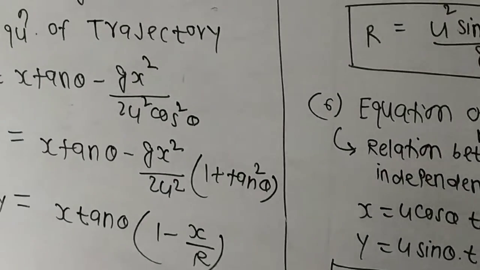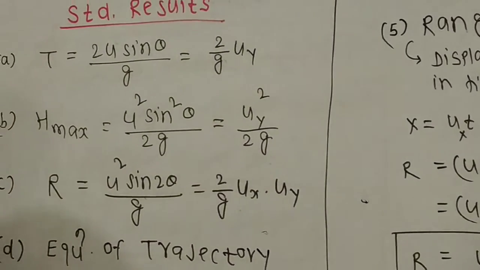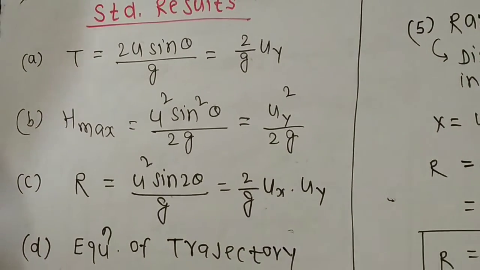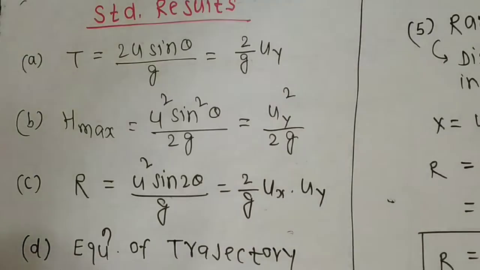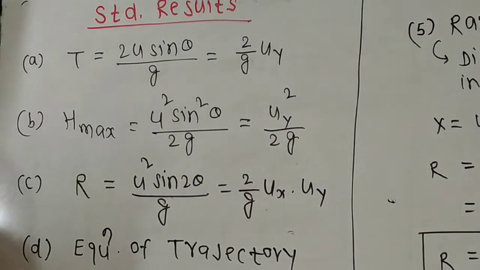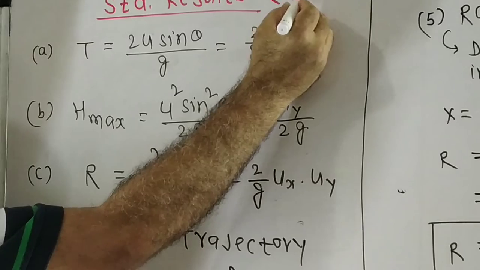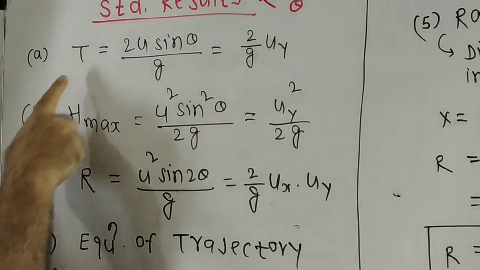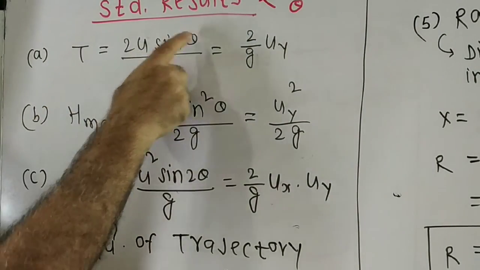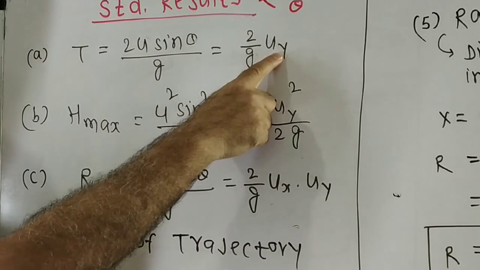Now in case of projectile motion, that is ground to ground, there are 4 standard results that we are supposed to know. Now the question is, what are those standard results? Now the results are, remember, in this situation, initial speed and initial angle of projection will be known to us. Time of flight is always 2u sin theta by g, or 2 by g initial vertical component of velocity.